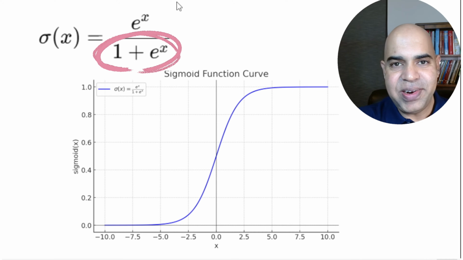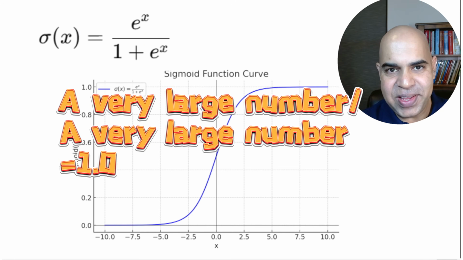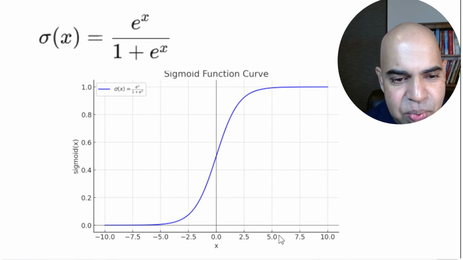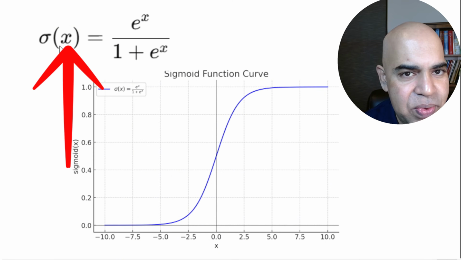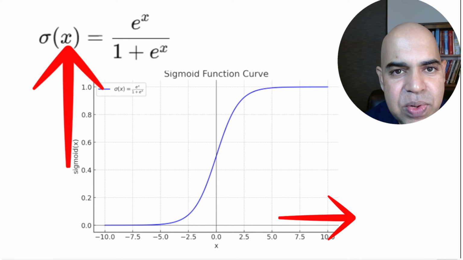So a very large number divided by 1 plus a very large number is almost equal to a very large number divided by a very large number, which is 1. So that is what is happening here. When x, the input value in the sigma function, is very large, then practically you will see that the probability is almost 1.